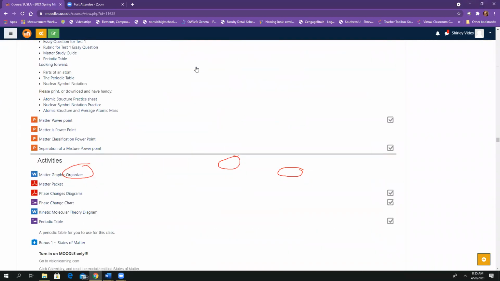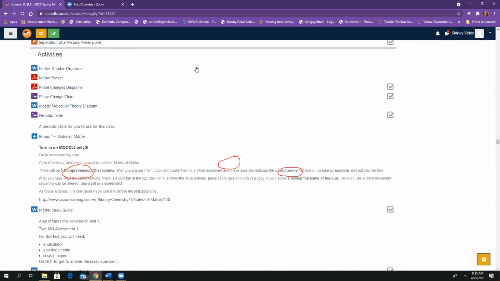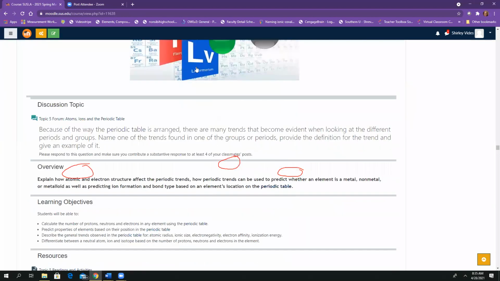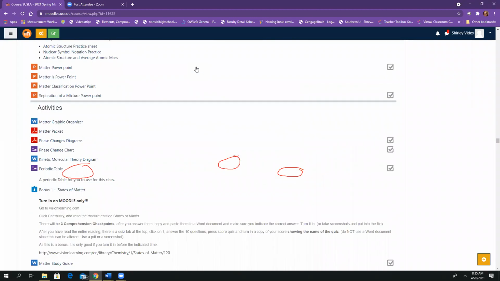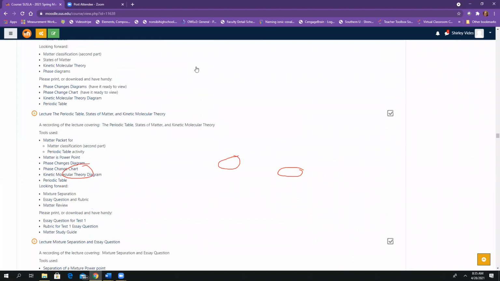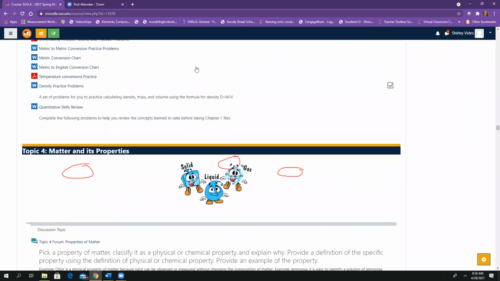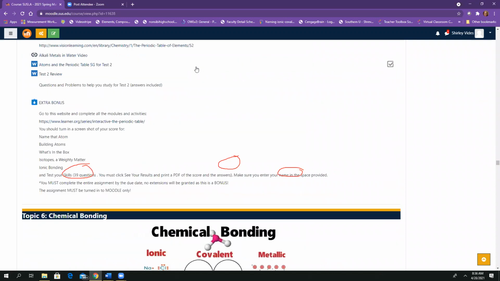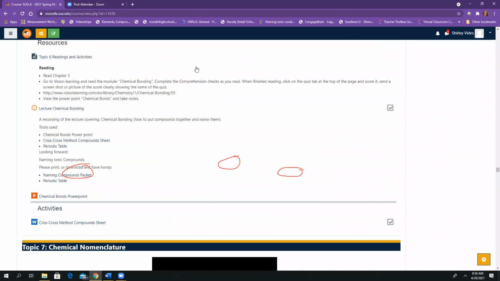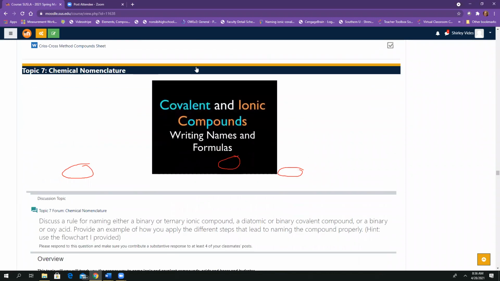Where are you? Periodicity. That's what I want, the periodicity PowerPoint. I think I passed it. Should be right around here somewhere.